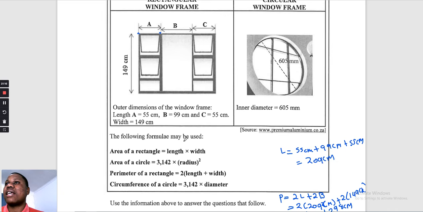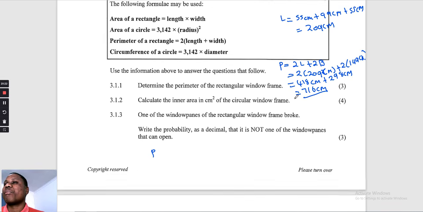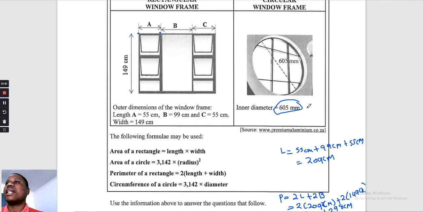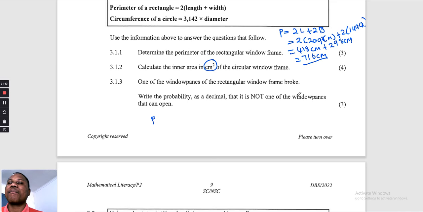We are given a diameter of 605 millimeters, and they want this area in centimeters squared. So we have to convert our diameter into centimeters. Area is equal to pi r squared. We don't have the radius, we have the diameter.